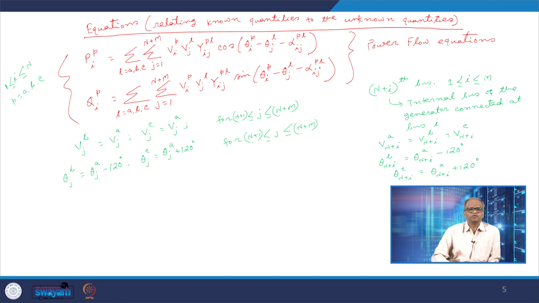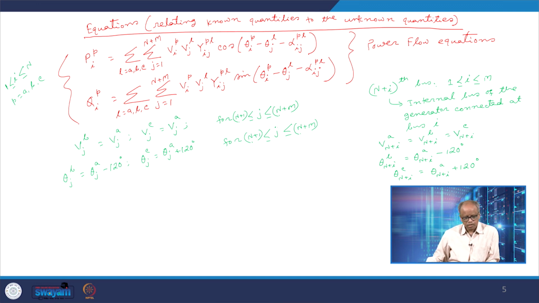We said that our internal buses are numbered n plus 1, n plus 2 up to n plus m. These relations I must remember and use in my equations.